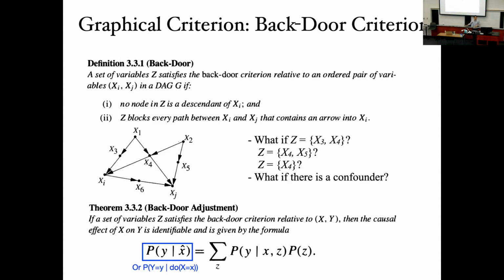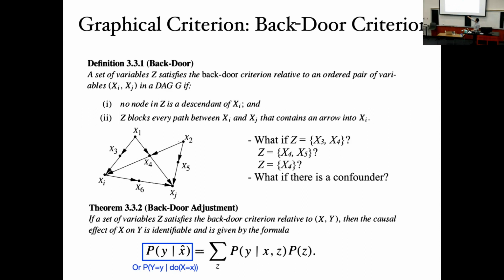Now, given a graphical model, suppose we have a graphical representation. Let's see whether this condition holds true or not, and then you have an intuition behind this condition. Suppose Z is the set of variables x3 and x4. Do you think the backdoor criterion holds true relative to xi, xj? Yes or no?